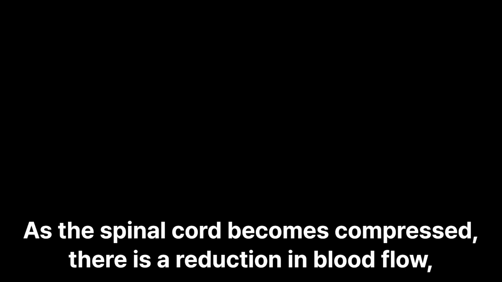The underlying pathophysiology of cervical myelopathy involves both mechanical and ischemic factors. As the spinal cord becomes compressed, there is a reduction in blood flow, leading to chronic hypoxia and neuronal damage. The pressure also disrupts the normal flow of cerebrospinal fluid, further exacerbating the ischemic environment.